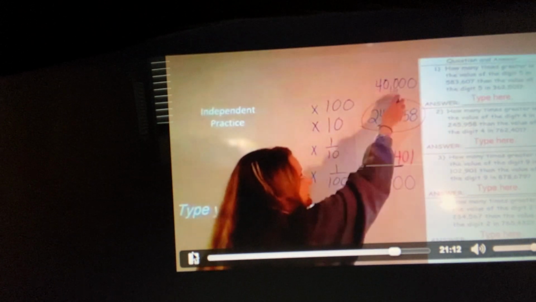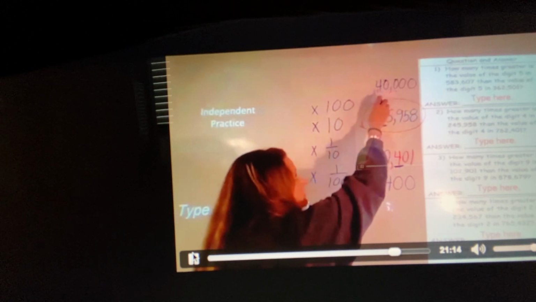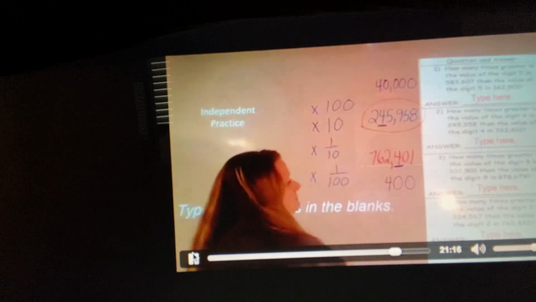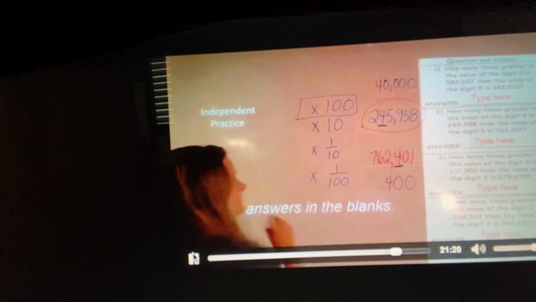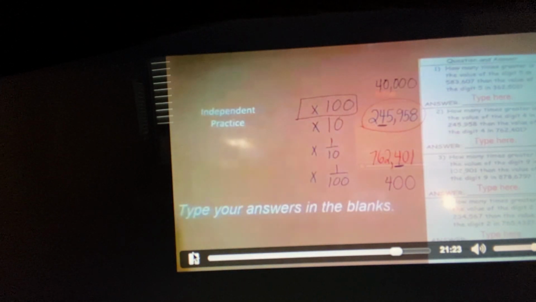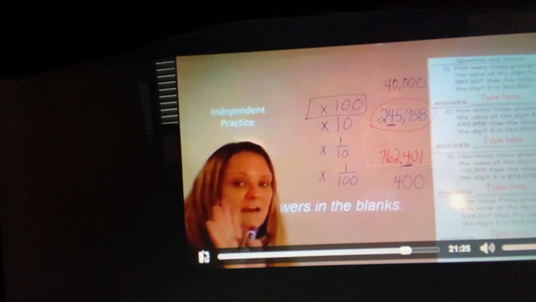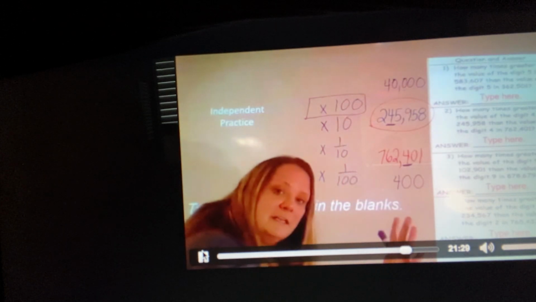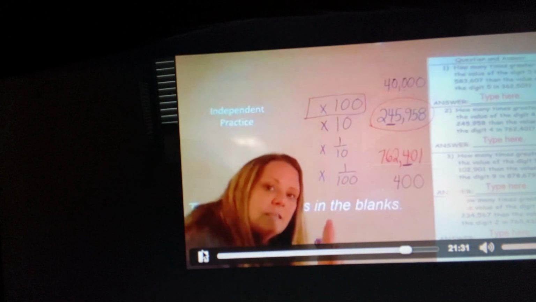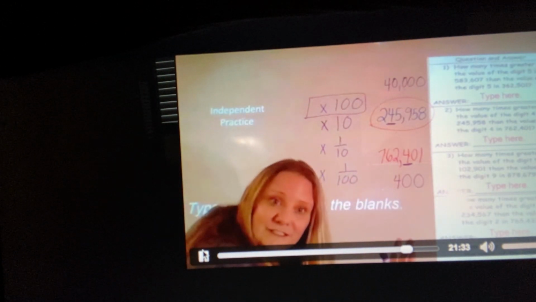He went 1 jump, 2 jumps. He is 100 times greater, because that 4 went from the hundreds place to the 10,000s place. He jumped over the thousands and he landed in the 10,000.